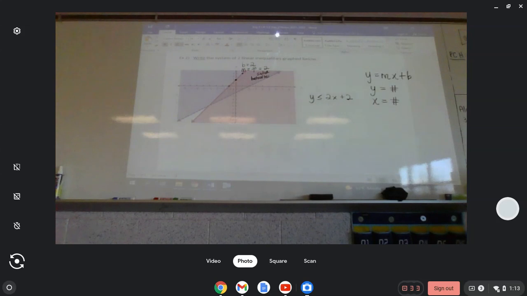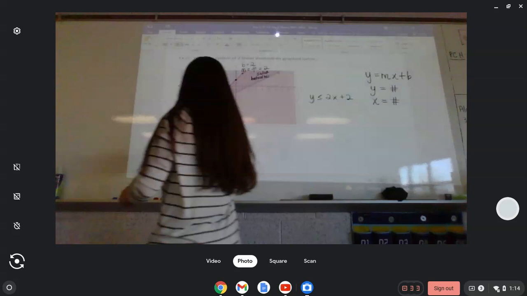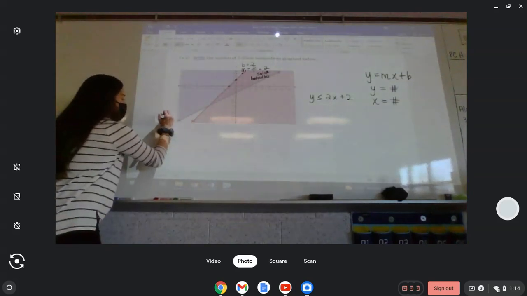I'm looking at the blue one, right? Now look how he slanted. Should his slope be positive or negative? Positive, right? I'm going to write the information down here.